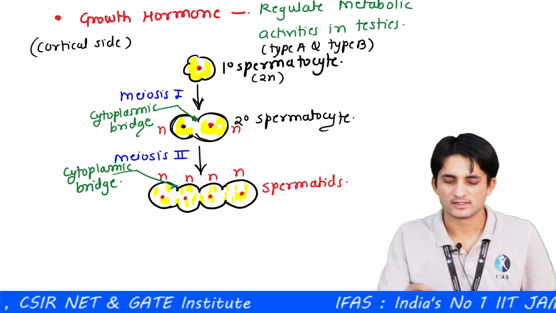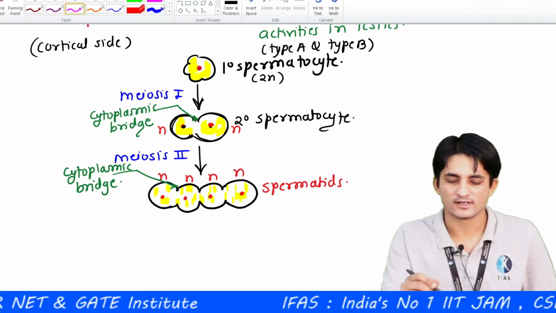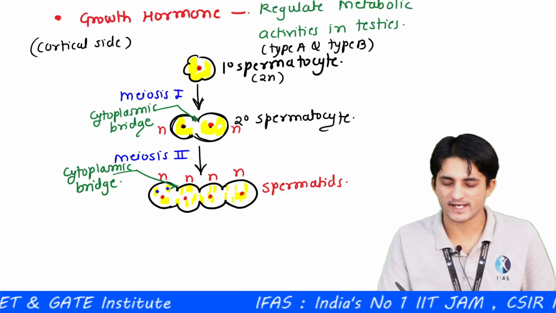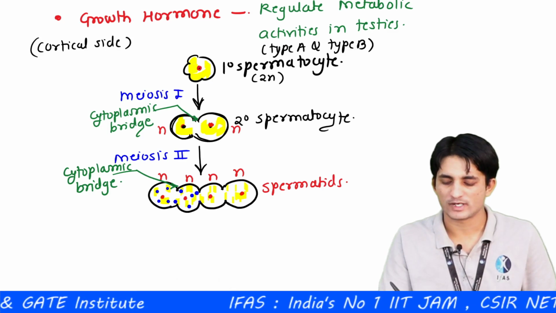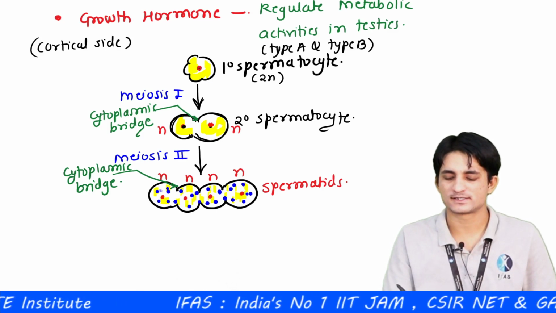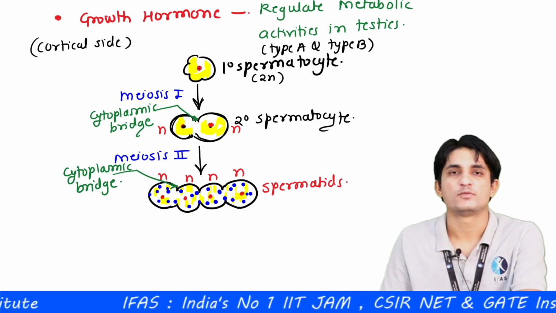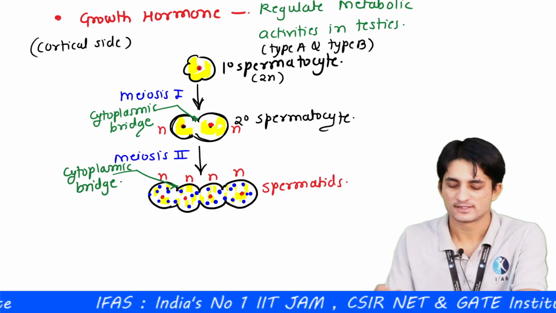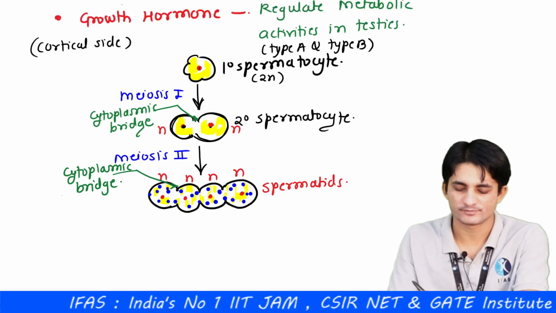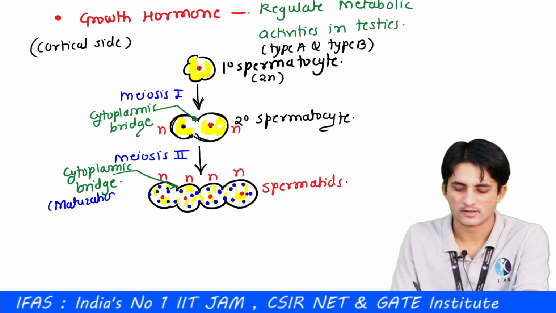Therefore all spermatids can get the protein coded by the X chromosome and they will mature. For that there is a requirement of the cytoplasmic bridge, required for the maturation of spermatids.